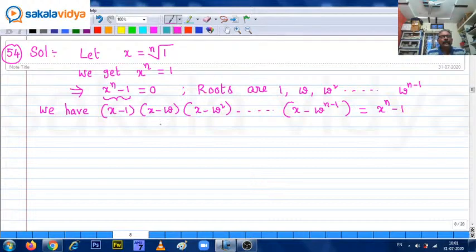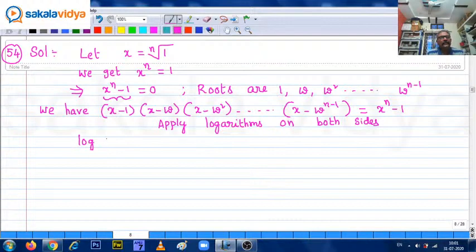Here one thing you do: apply logarithm on both sides. Applying logarithms on both sides, the product becomes a sum.